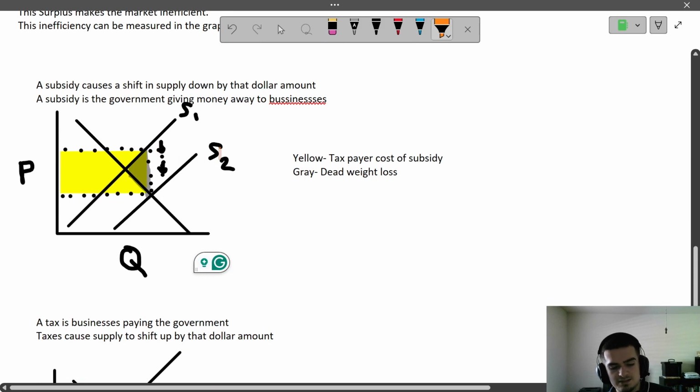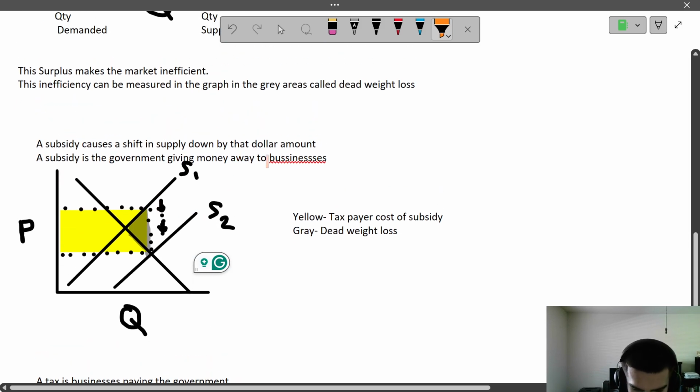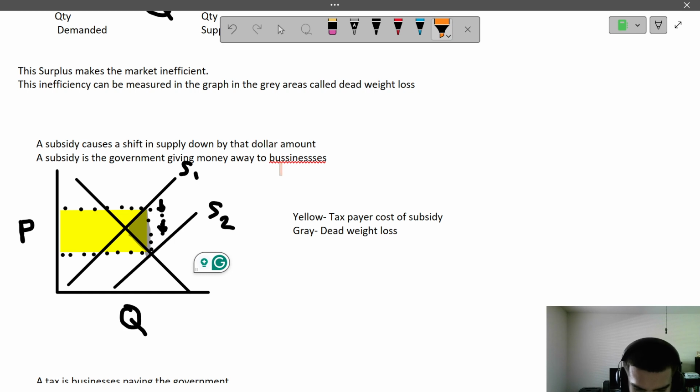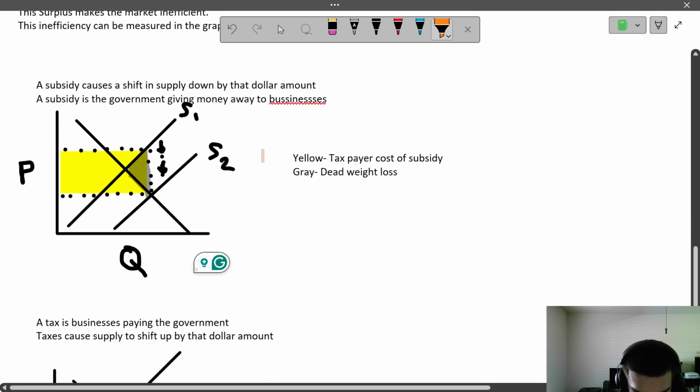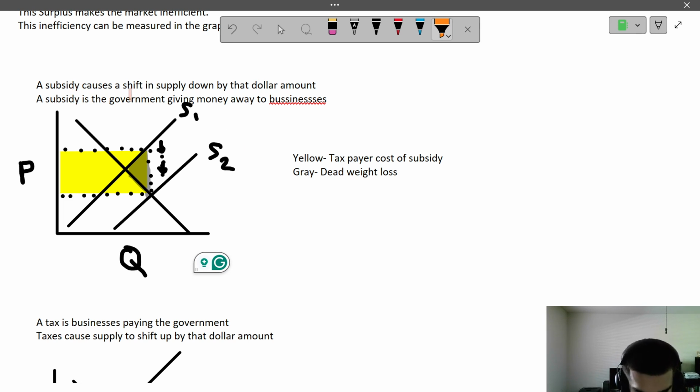Okay, next is subsidies and taxes. A subsidy causes a shift in supply down by that dollar amount. A subsidy is the government giving money away to businesses. So let's say this is $10, then that would be a $10 subsidy.